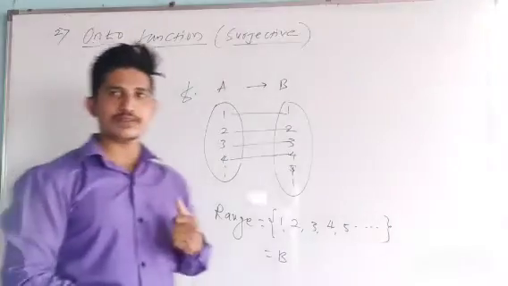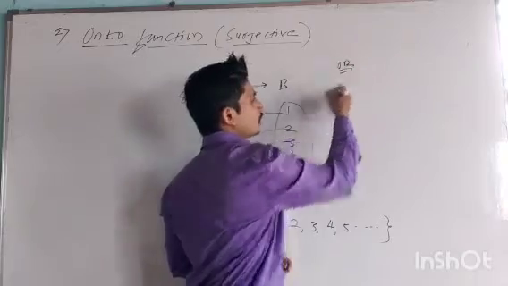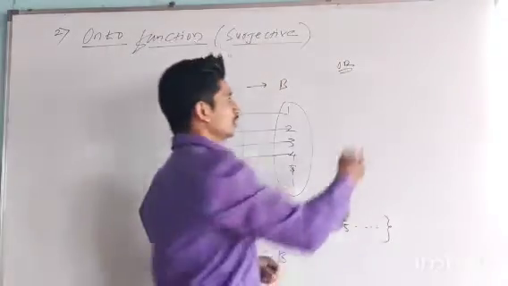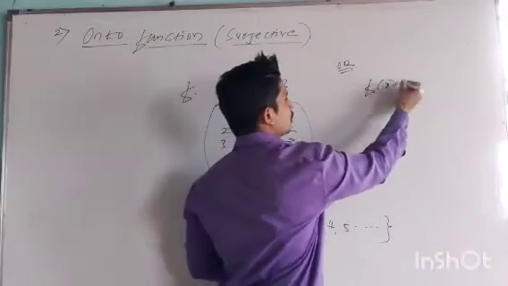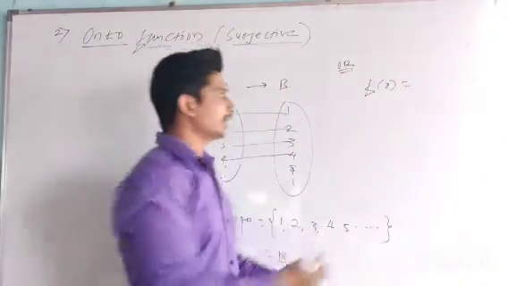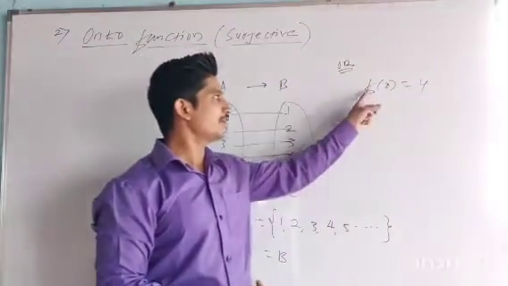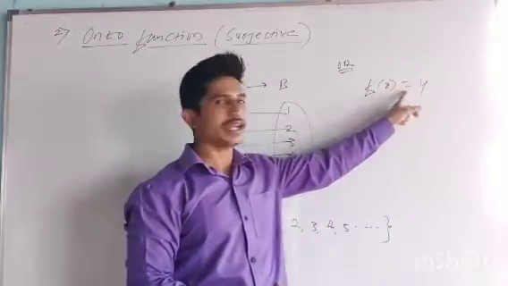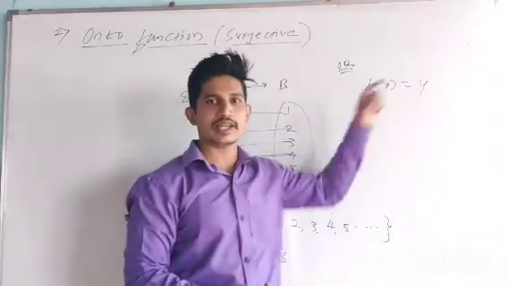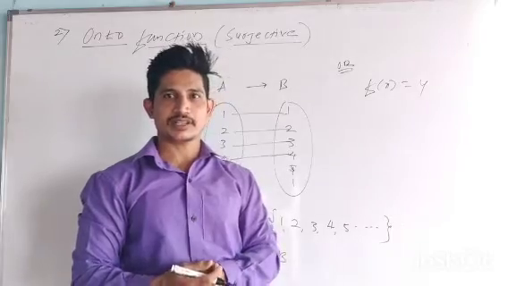So one more definition is there for this onto function. Suppose f of x, after solving f of x, if you are getting the answer y, then the function is called onto function. Clear?